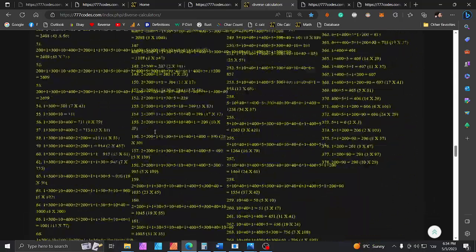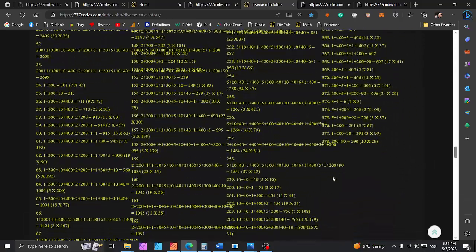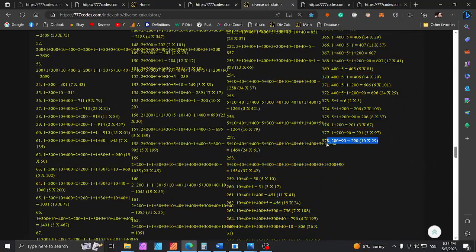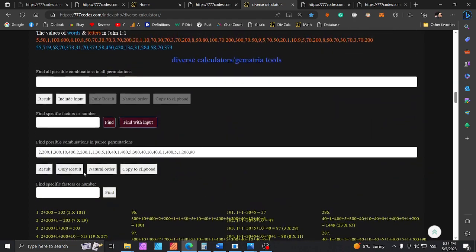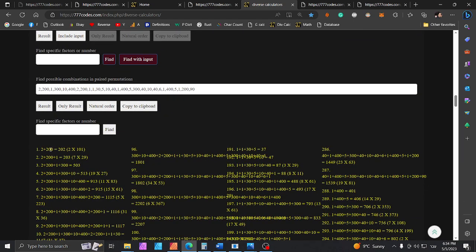So there are exactly 378 letter combinations in permutations in verse number 1 of the Bible, in the Hebrew Bible, always Hebrew Bible when we're talking about verses. So, how many are made up of 401?